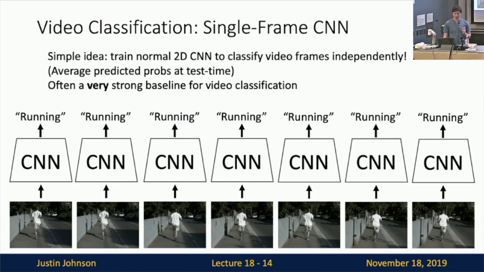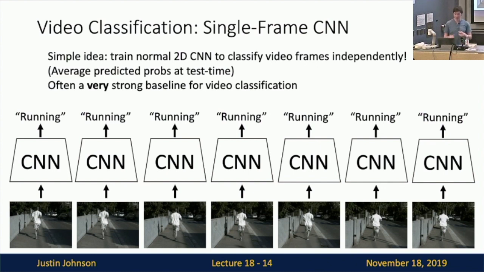Okay, so let's actually talk about our very first video classification model. And this seems stupid, but it actually works really, really well. So the idea is let's forget that we're working on video, and instead let's train a model that is a standard two-dimensional CNN that is trained to classify the individual frames of the video completely independently.